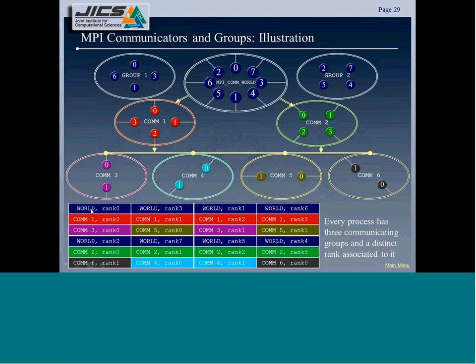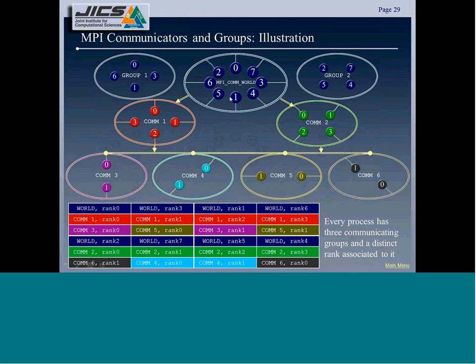So we see that in MPI_COMM_WORLD, the blue color, the ranks range from 0 to 7 basically.